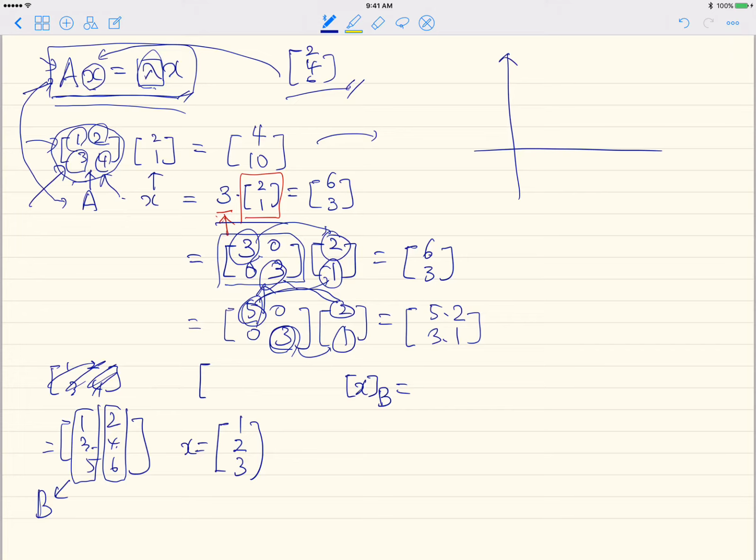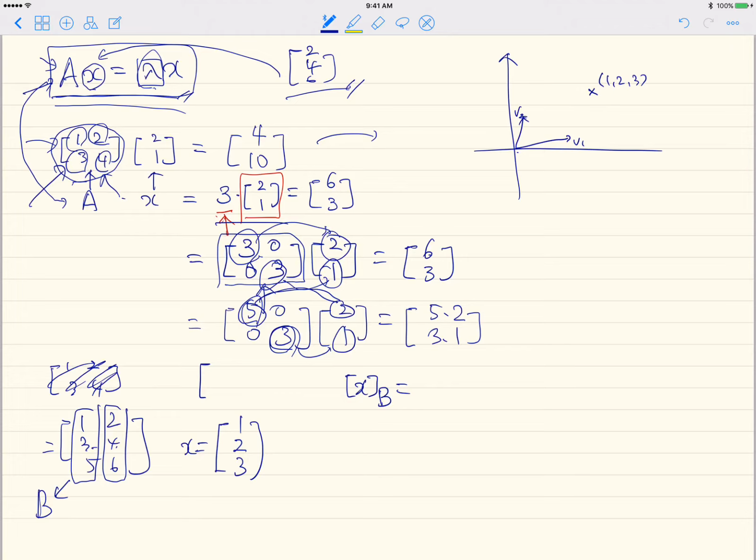Although it's in a 3-dimensional space, I'm just going to describe it as a 2-dimensional space. So we have a point here, that is 1, 2, 3, and then two of the basis vectors, suppose like this. This guy was V1, and this guy was V2.